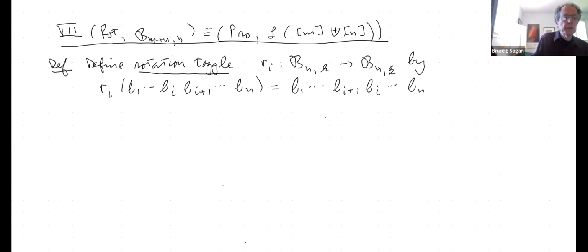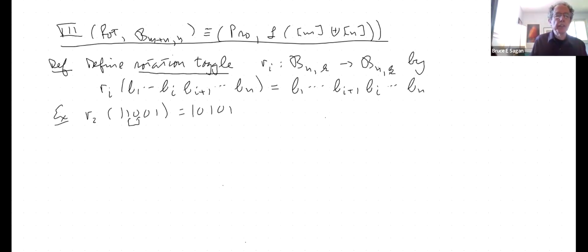Okay, so let's do a quick example, make sure we're all on the same page. What if I did R_2 on the bit string 11001? So that's going to exchange the second and the third bit, which is going to give me just 10101. Okay, everybody see?